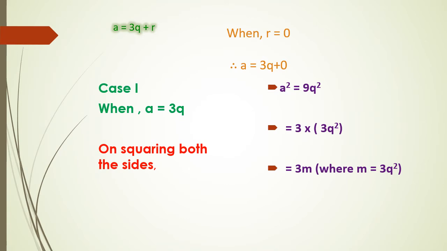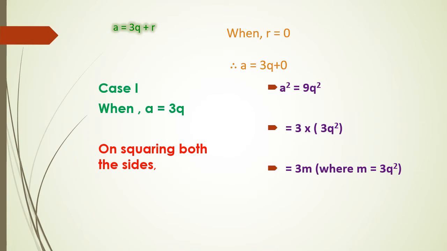Now you will ask me, why did I take 3 out of the bracket? There is a trick. We want it of the form 3m. It is asked in the question that you want the form 3m. So 3 should be common. In this particular step, in 9q squared, 3 is taken common. Whatever stuff is remaining is kept in the bracket.